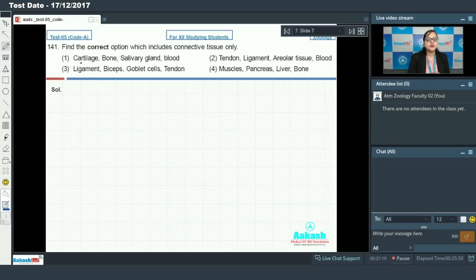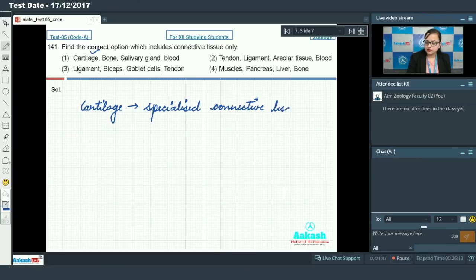Let's see our very first option, that is cartilage. Cartilage is a connective tissue and it is a specialized connective tissue. Second is given bone.